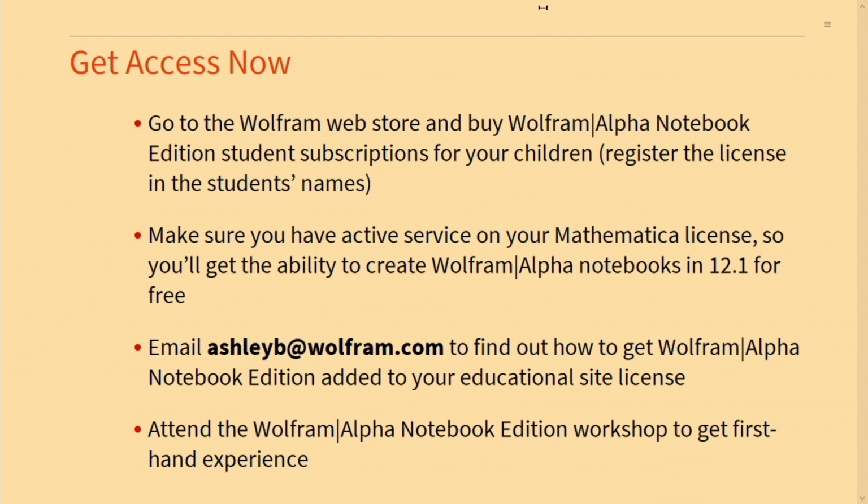If you are a faculty member at a site license school, and you're wondering about what this looks like at your individual campus and how do I get this added or who do I lobby to, just email me. I can be your direct point of contact for that. And then lastly, Kelvin and I are running a hands-on workshop right after this, so stay in your seat and have some firsthand experience.